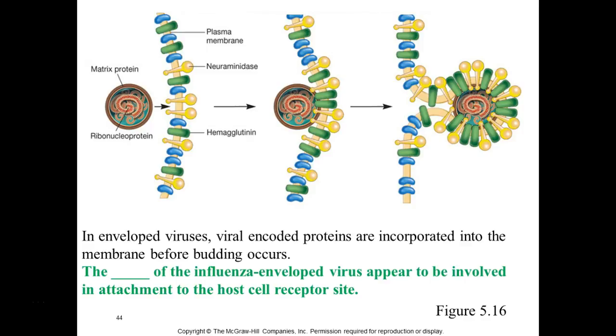Superinfection is when more than one virus gets into a cell at a time. And this is one of the ways that some viruses very quickly mutate, though. Because if more than one virus gets into a cell at the same time, they may mix up their genetic information.